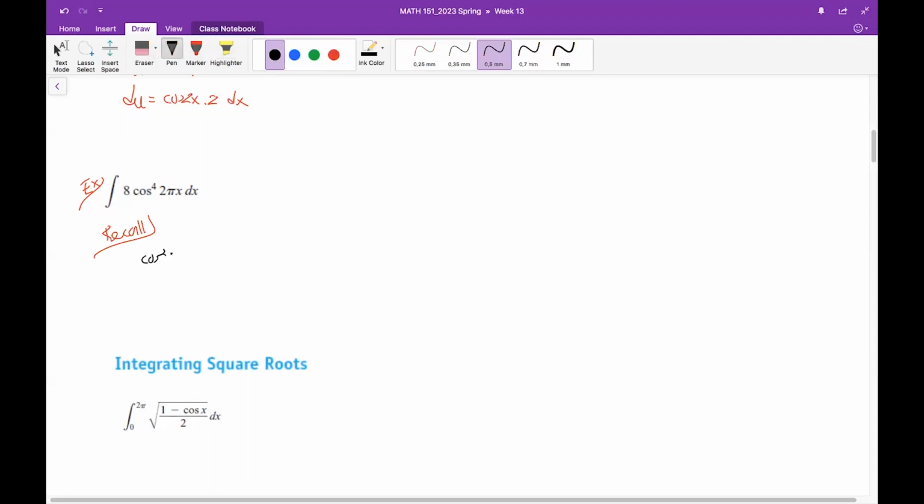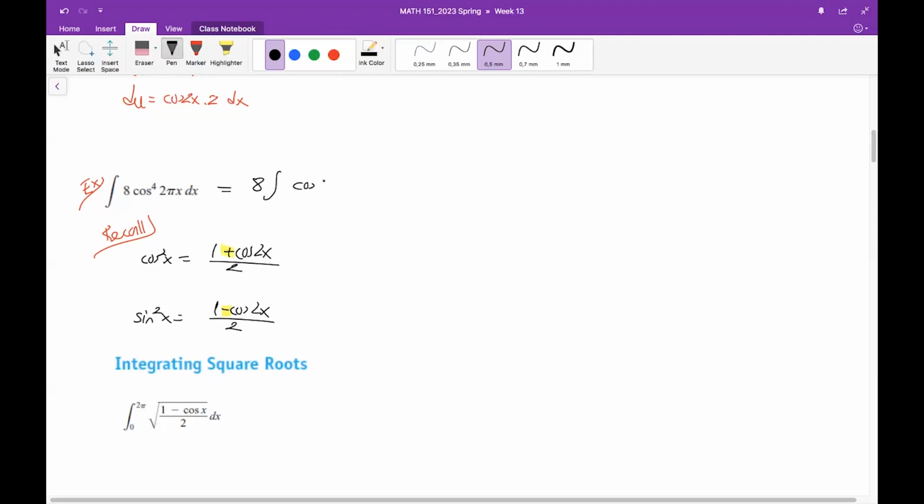So cosine square x is 1 plus cosine 2x over 2. There is a very similar formula for sine square x, almost the same with this plus-minus difference here.